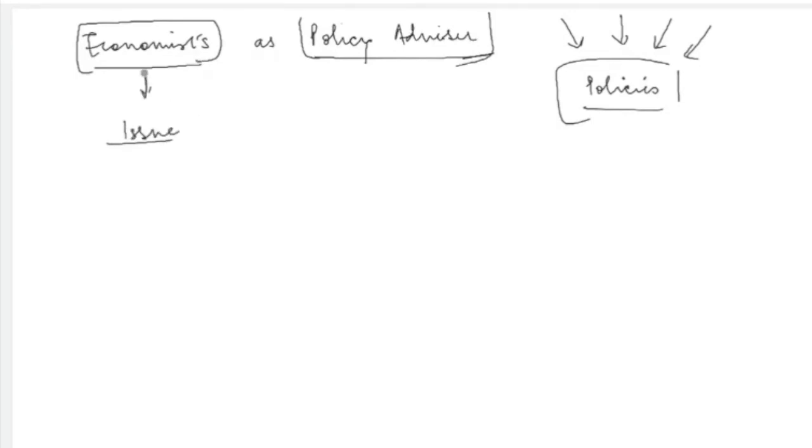So it can happen that when you frame a policy, suppose any government introduces a policy, it will obviously seek economic guidance, but it will also seek other kinds of guidance, like how will it be implemented, how will it affect the inequality in the economy, what is the politics behind it, how will it affect the political angle if they implement this policy, how will it affect the social divisions. So suppose the economy has multiple religions, multiple castes, how will this policy affect that?